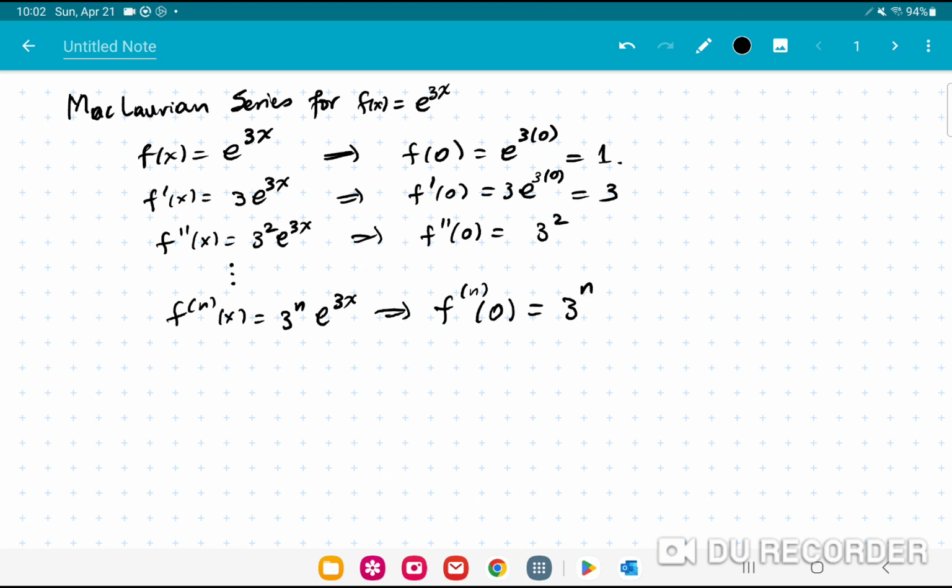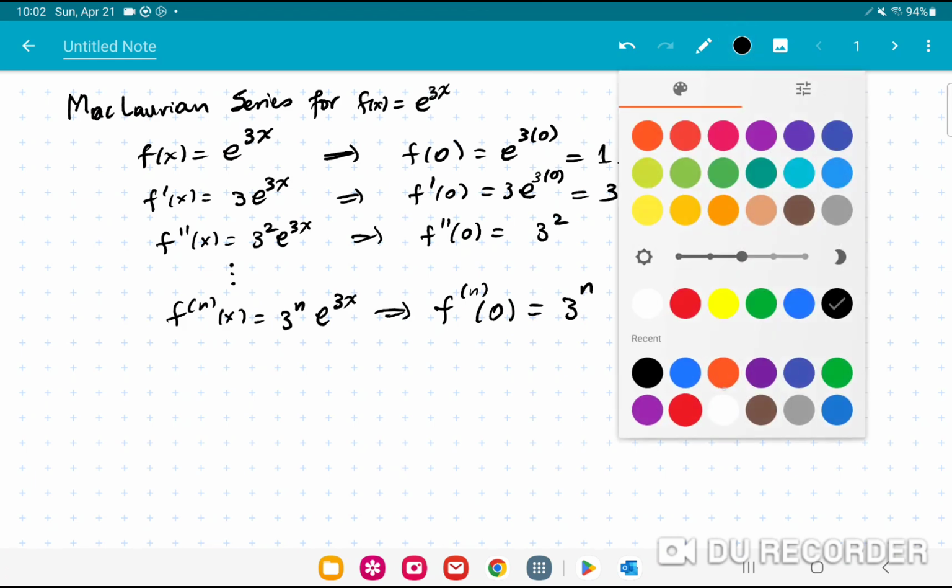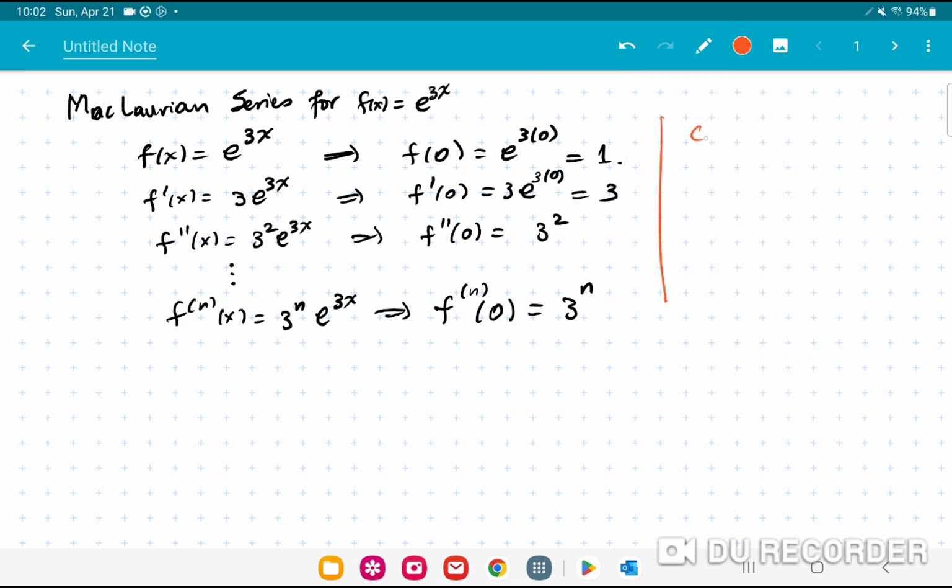So what this means is C0 is 1, C1 is 3 over 1 factorial, C2 is 3 squared over 2 factorial, C3 is 3 cubed over 3 factorial, and so forth. So Cn, the coefficient for the nth term, is 3 to the power of n over n factorial.